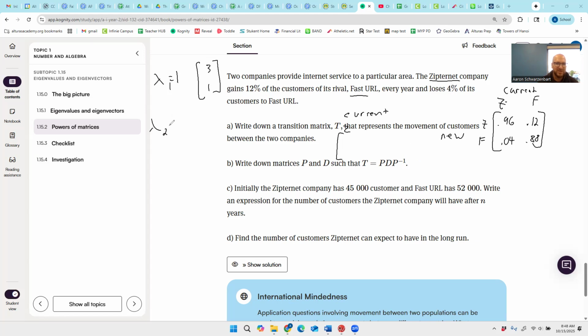You get eigenvalue 2 of 0.84, with eigenvector -1, 1. So P is 3, 1, -1, 1, and D is 1, 0, 0, 0.84.